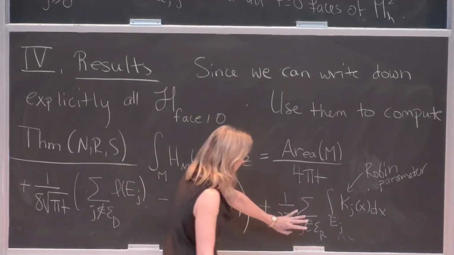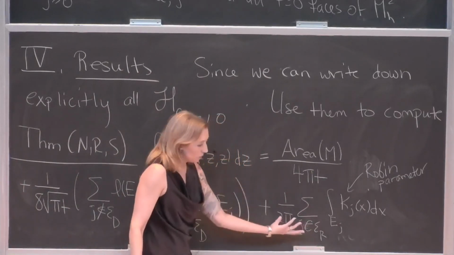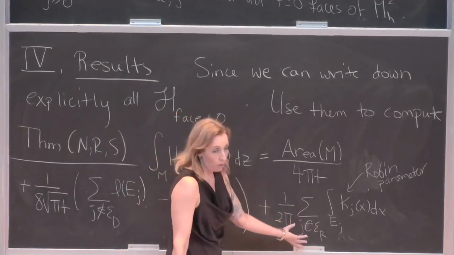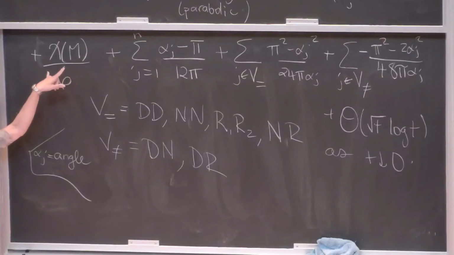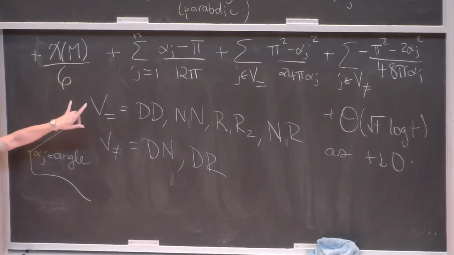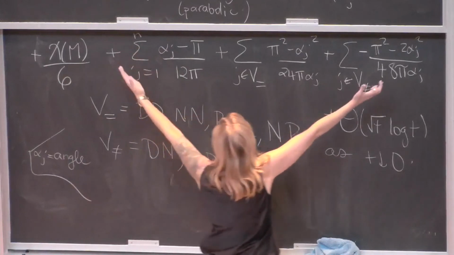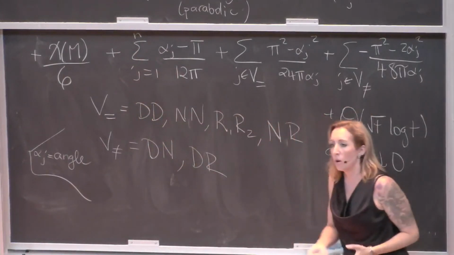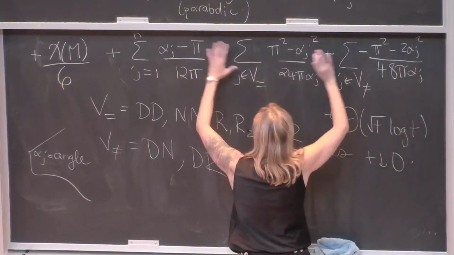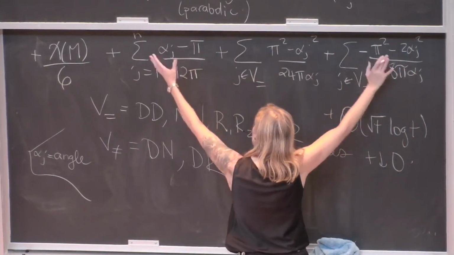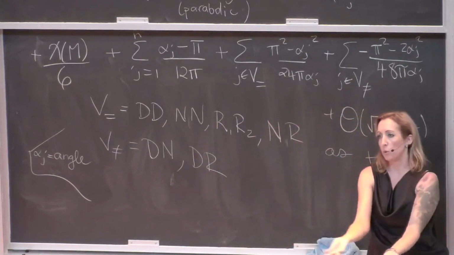Here we also see this integral of the Robin parameter if we have a Robin boundary condition. Here we pick up the topological information of the Euler characteristic. And here we pick up the fact that there are corners. So in particular, you never have this junk if your boundary is smooth.